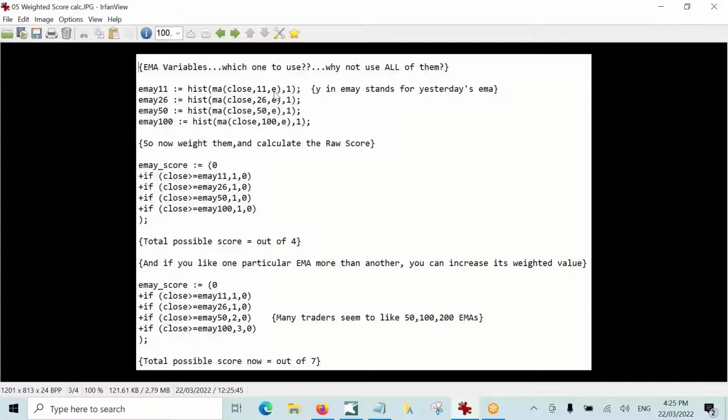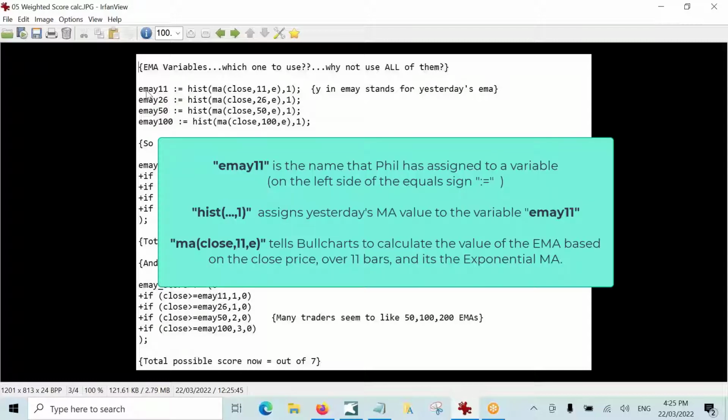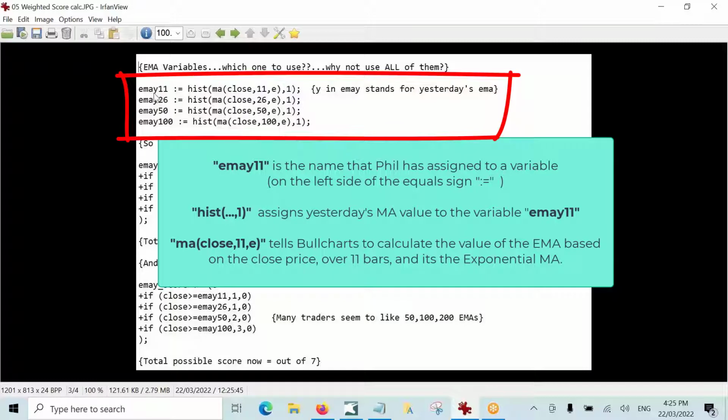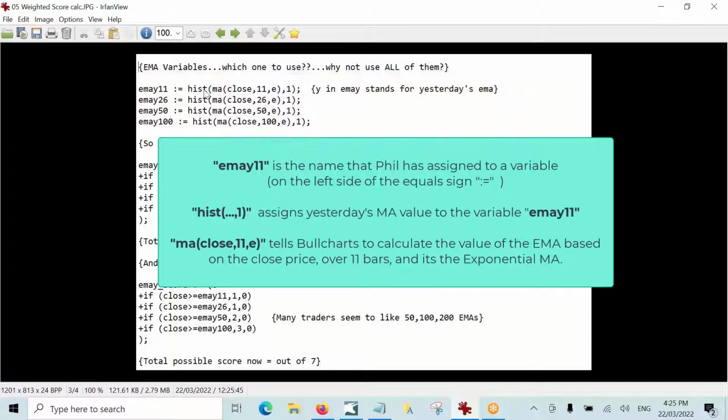First of all, you have to define the things you want to weight. So this is my first one, EMA Y11. The Y doesn't come from BullCharts, it's just my way of naming the variable as yesterday's EMA. As you can see here, historical moving average of the close of 11 days, exponentially.